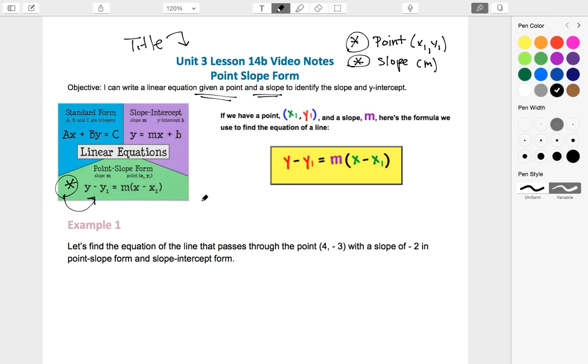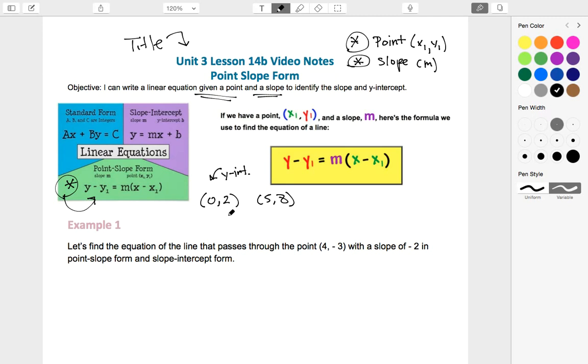Before, you were given maybe 2 points where you had 0, 2, and 5, 8, for example, so we can already tell that this is the y-intercept, and we didn't need to do additional work. Now we're going to see examples in this video of what would happen when we're not given a y-intercept and how we can find it. And the way we can do that is with point-slope form.